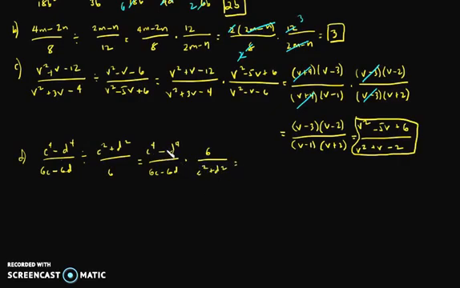This is a difference of squares, where the values of your x and y are c squared and d squared. So that gives you c squared plus d squared times c squared minus d squared over, the common factor is 6, so 6 times c minus d, multiplied by 6 over, copy the denominator.